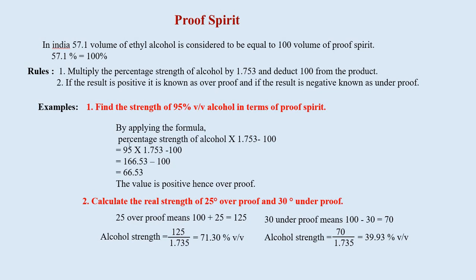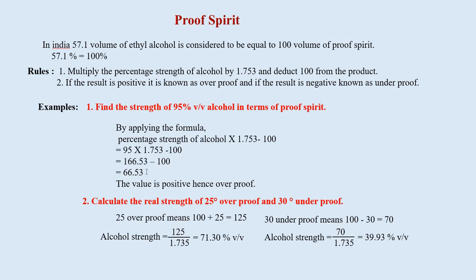The percentage strength given is 95% volume by volume. So 95 into 1.753 minus 100, which is equal to 166.53 minus 100. Subtracting 100 gives 66.53, and this value is positive, so it is overproof.